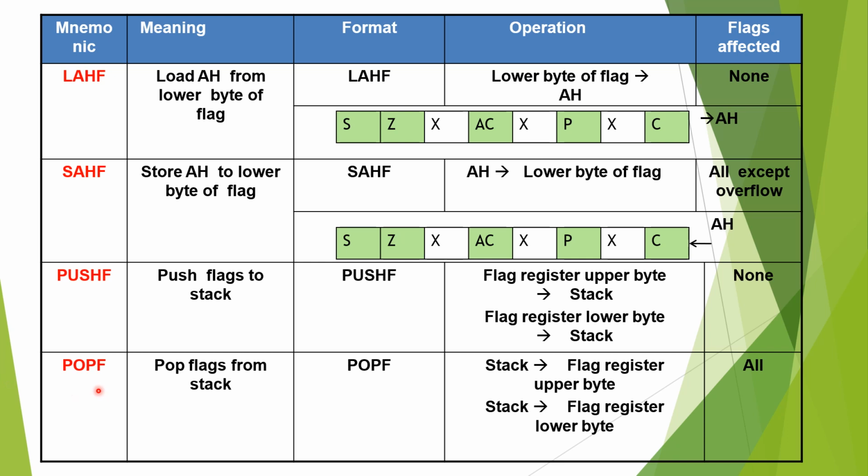And popF means we are taking out the content of the stack and putting into the flag register. So whatever the content is present and pointed by the stack pointer will be moved to the lower byte of the flag, and the next data will be moved to the upper byte. So upon executing this popF instruction, all the flags get modified.